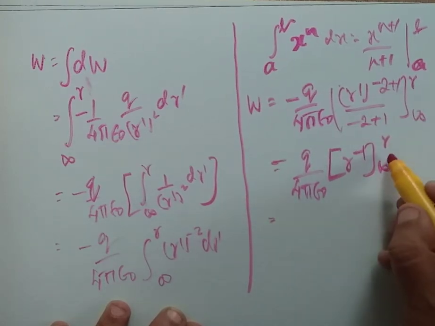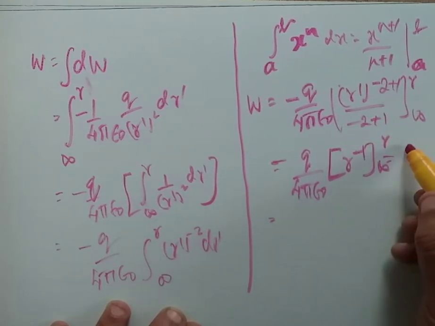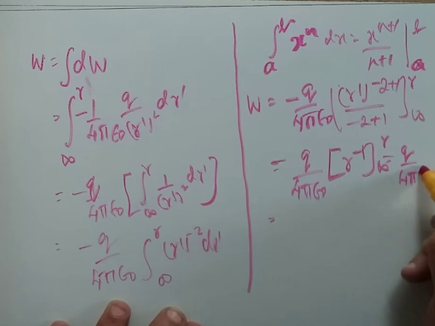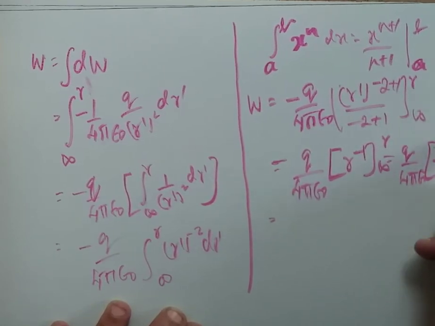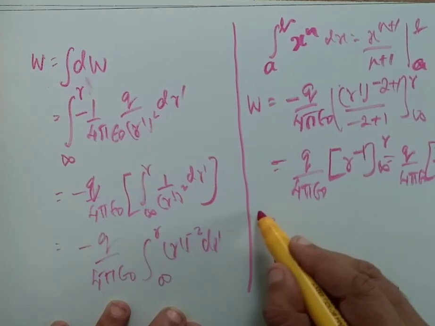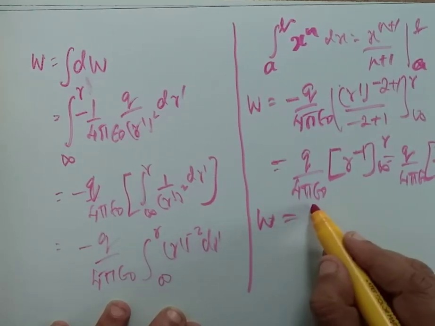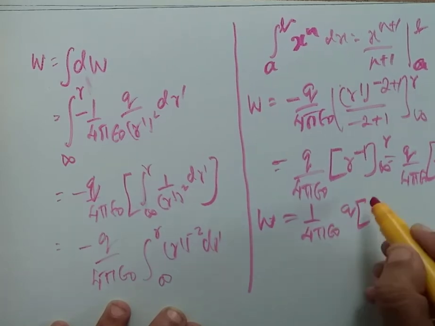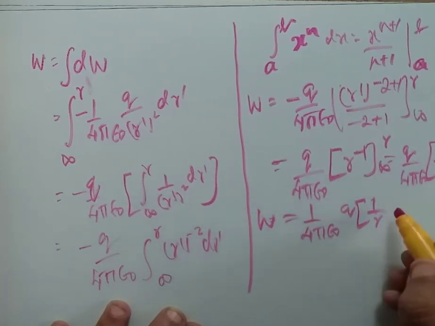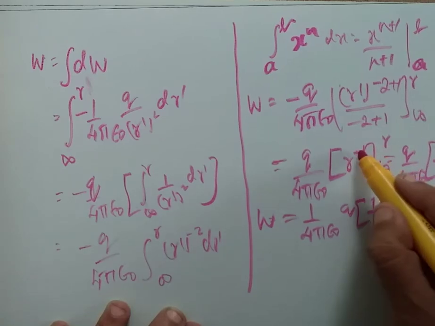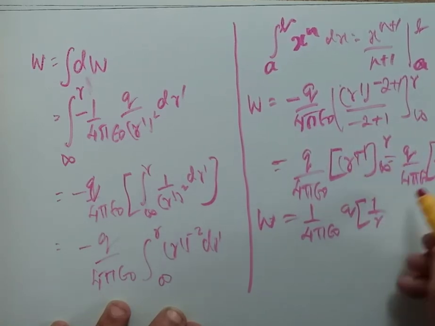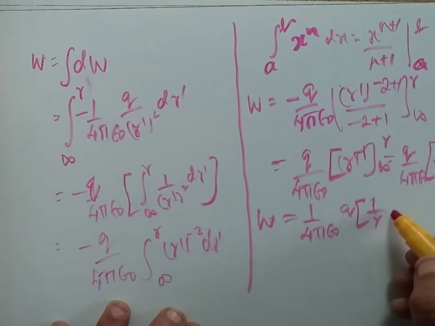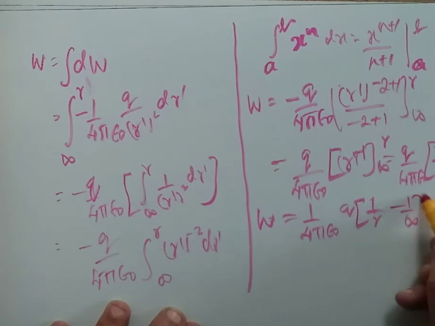If we write this like this, q by 4 pi epsilon naught, 1 by r from infinity to r, we substitute there W equals 1 by 4 pi epsilon naught q into the integral of r dash to the power of minus 2 dr dash, giving 1 by r minus 1 by infinity.